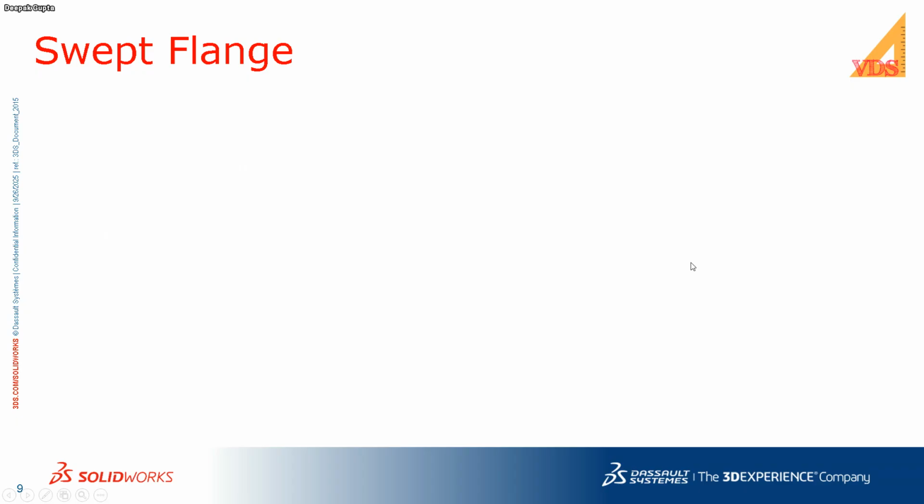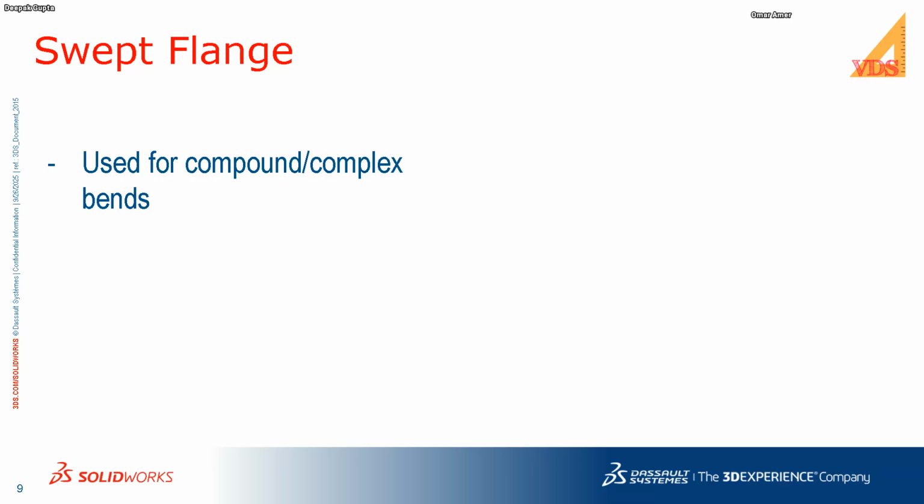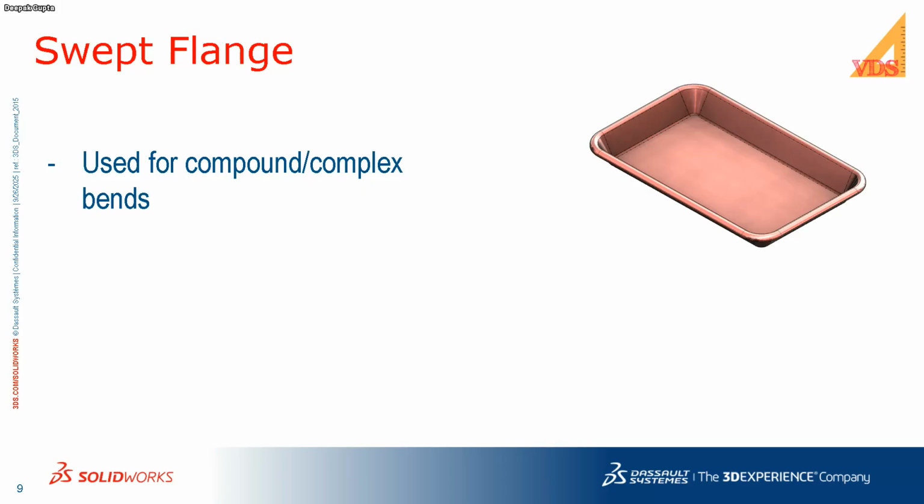So let's look at the first feature, which is the swept flange feature, and I believe it was introduced in 2012. This feature is very helpful. We can use it for creating compound or complex bends. By compound, I mean where you have more than one bend, and complex where you have complex geometries, and it may not be feasible to use the standard SolidWorks sheet metal feature to create those bends.